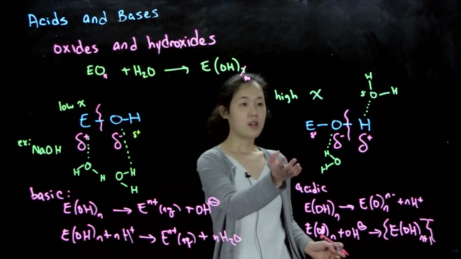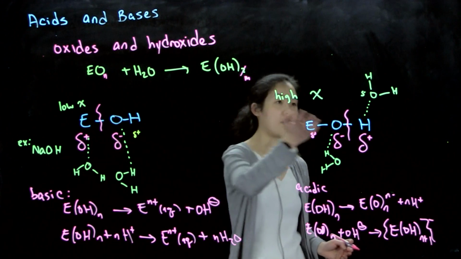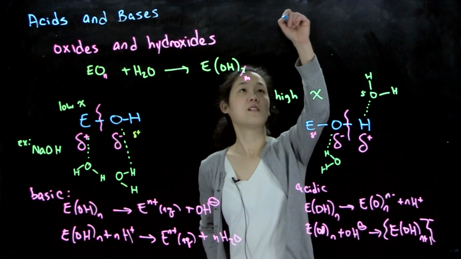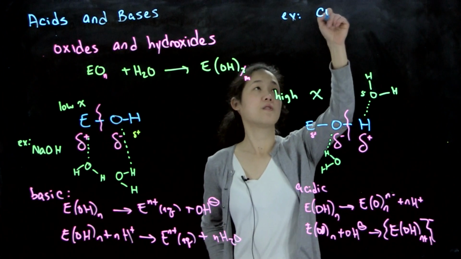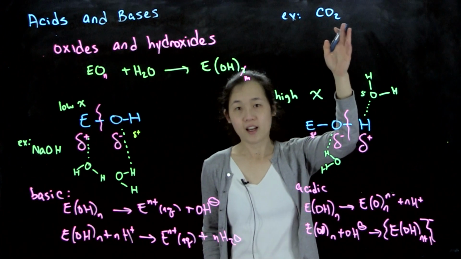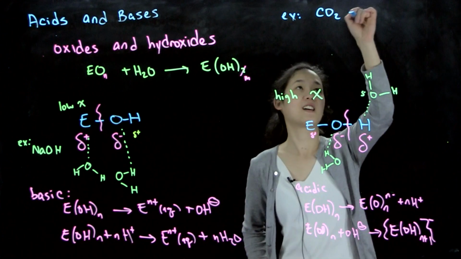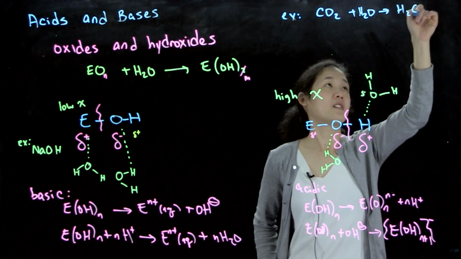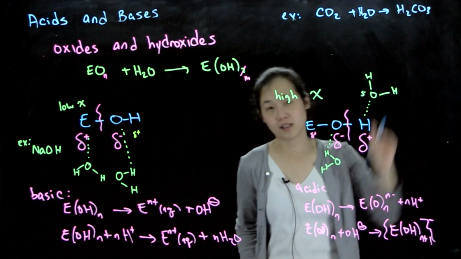As an example, we had sodium hydroxide here. Here, we could maybe have, let's say, CO2, for example. This is the oxide carbon dioxide. If you add water to it, this forms H2CO3, carbonic acid, so that's acidic.